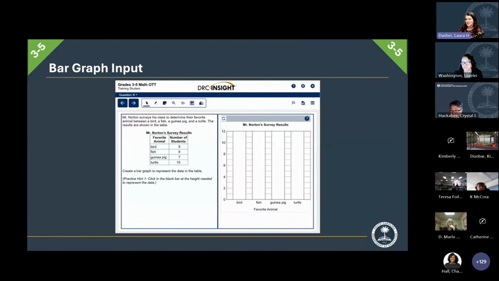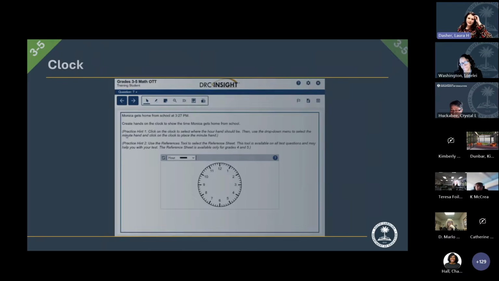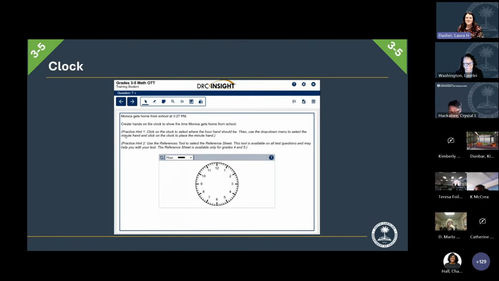All right, and last but not least, we have the clock input, or clock item. I'm going to play it first before I describe it for just a moment. The students will be presented with an item that includes a clock, missing the minute and hour hands.